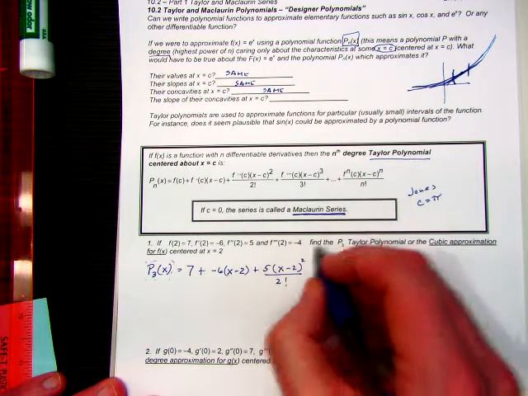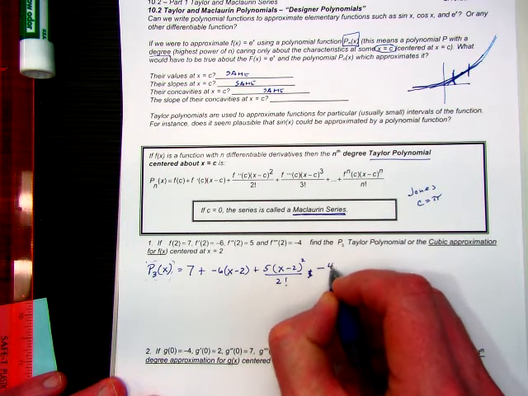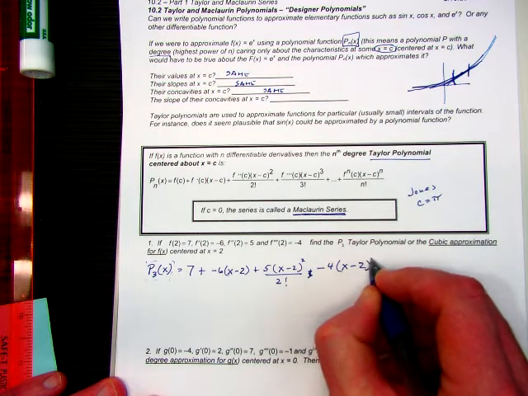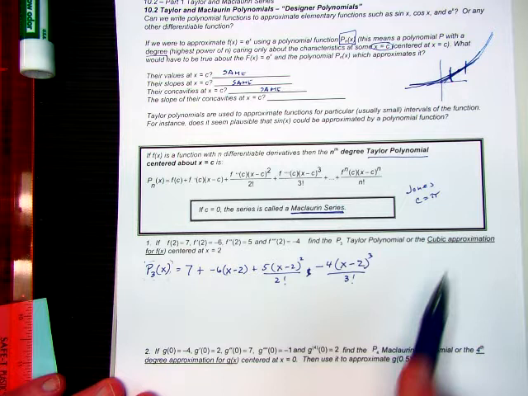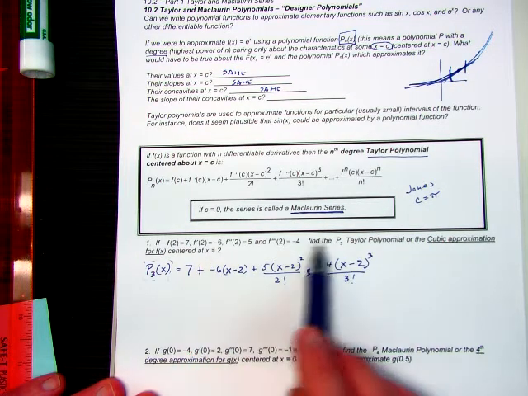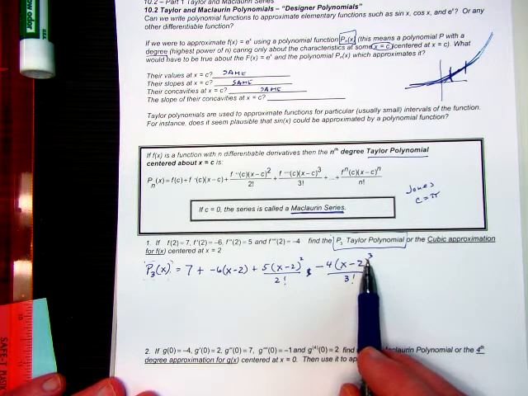The next one is actually negative, so I'm going to do minus 4 times x minus 2 to the third over 3 factorial. And that is our cubic approximation for f of x centered at 2. It's also known as the P what? 3, because I have up to the third degree.